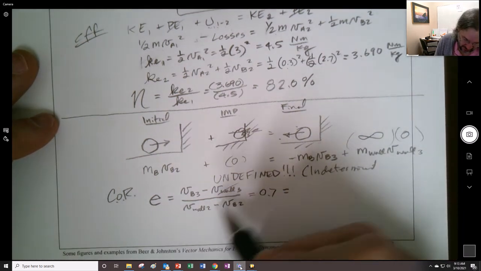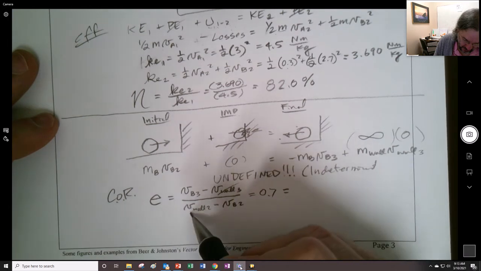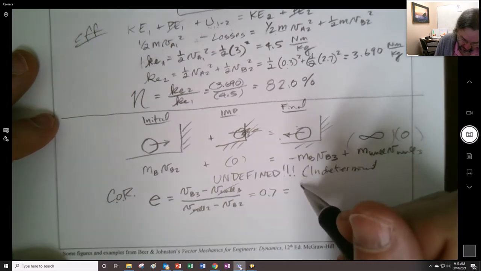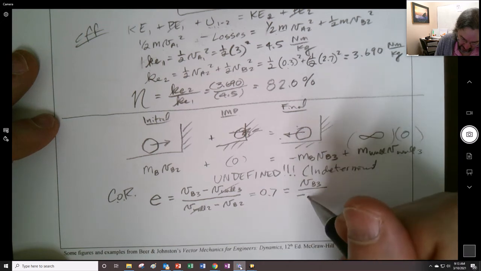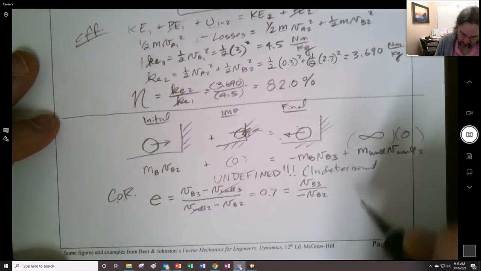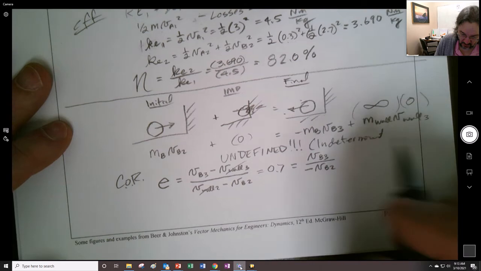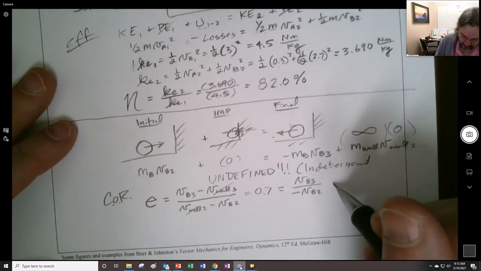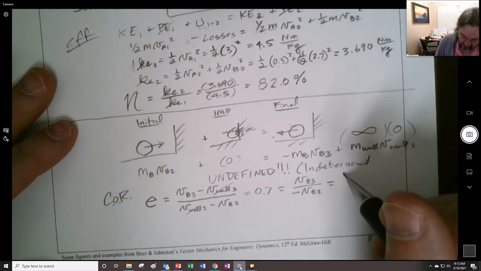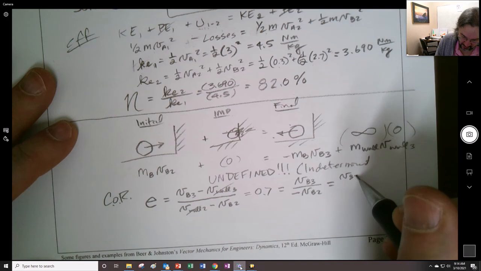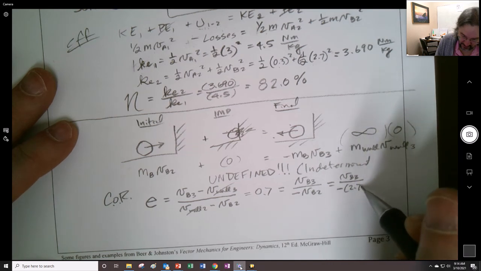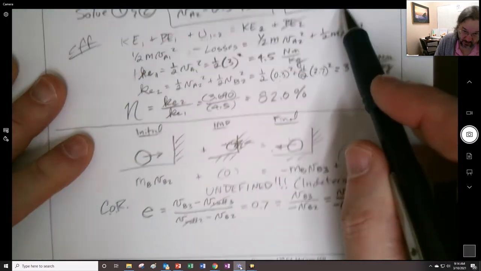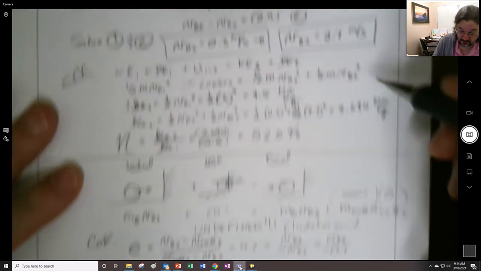But anyway, we take a look at this. We can see that's 0, and this is 0 right here, right? So we just have VB3 divided by negative VB2. So what we can say here is, remember that this is VB3 and that this is 2.7. What did we get up above? 2.7. I should have put a 3.